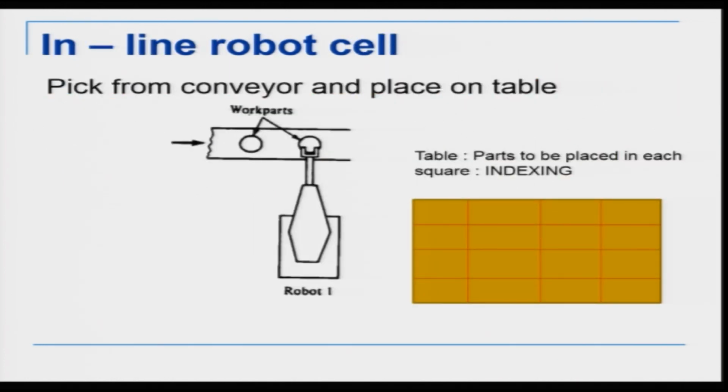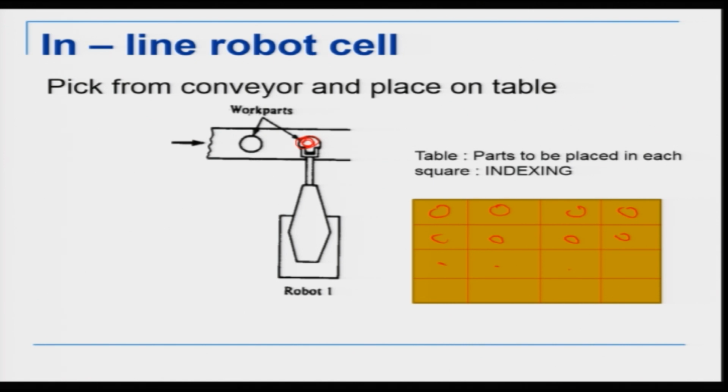Now, let us look at a very simple application where this robot is expected to pick up an object from here, pick up this part and then keep it here, and then pick up another one from there, keep it here, in that order. Okay. So, the task here is pick from the conveyor and place on the table.